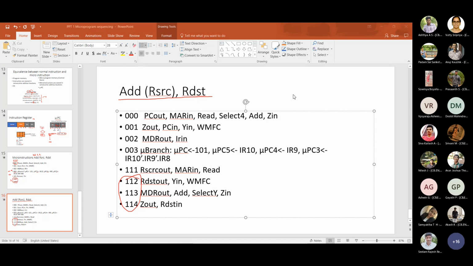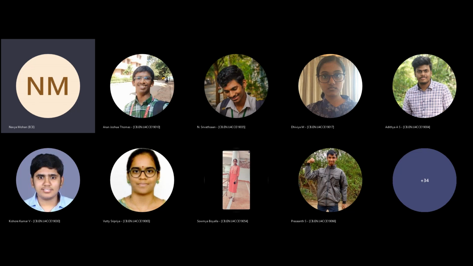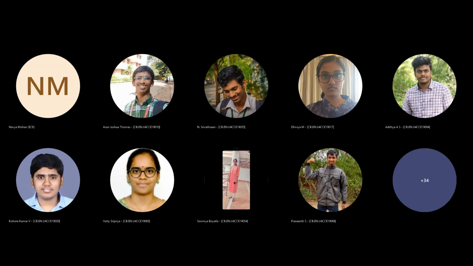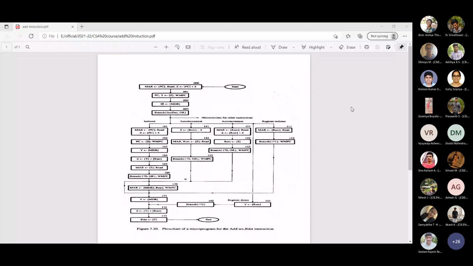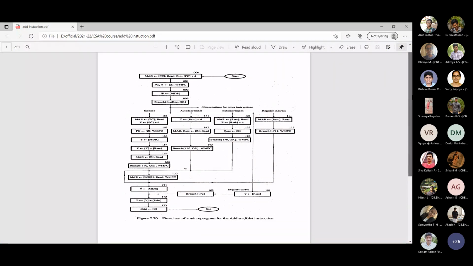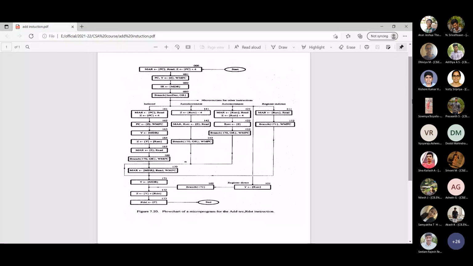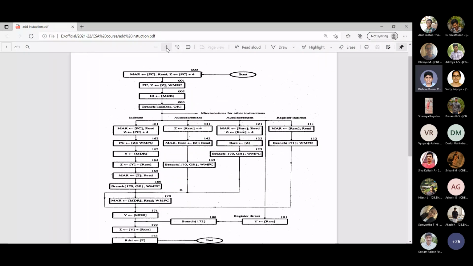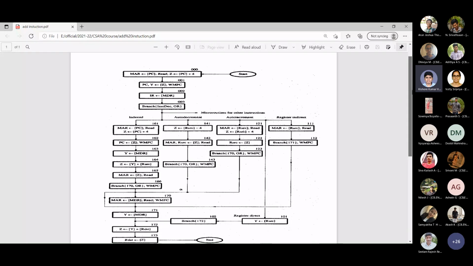We'll be viewing that, or I'll share it also, because we have to refer multiple things. It's important you download it and keep it for quick reference always. Okay, can you see it? Can anybody confirm if you can see this? Yes, ma'am. Should I zoom it or is it fine? It's fine, ma'am. Okay, thank you.